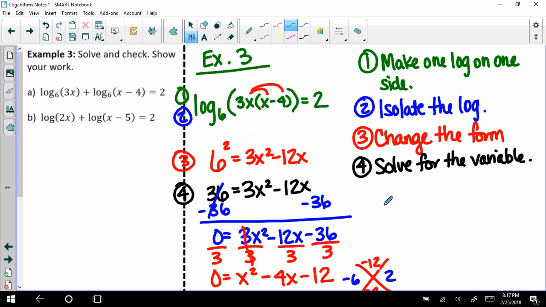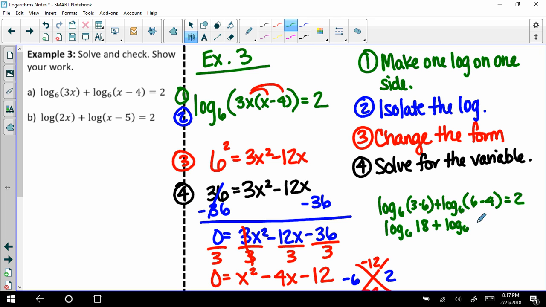So if I put that up here, log base 6 of 3 times 6 plus log base 6 of 6 minus 4, that's equal to, well, this gives me log base 6 of 18 plus log base 6 of 2 equals 2.